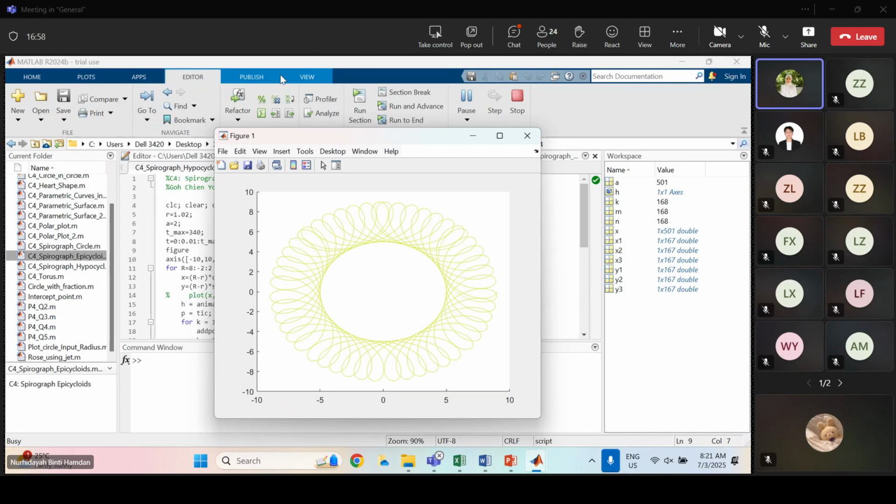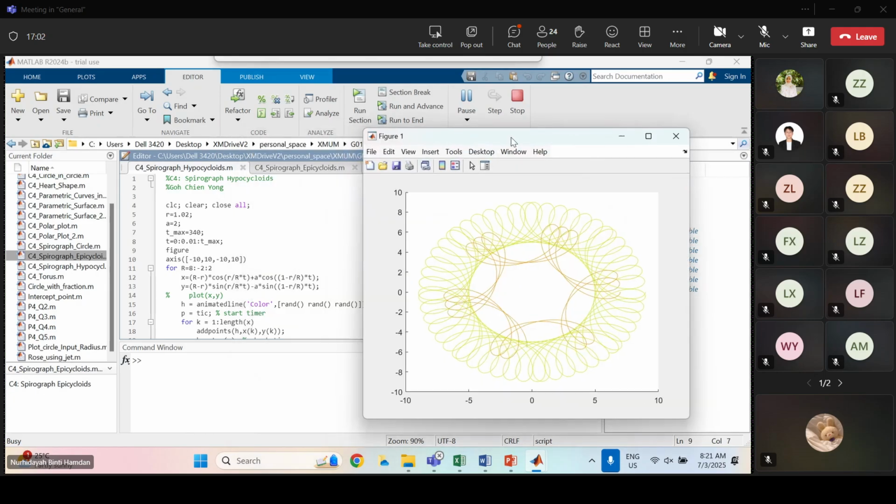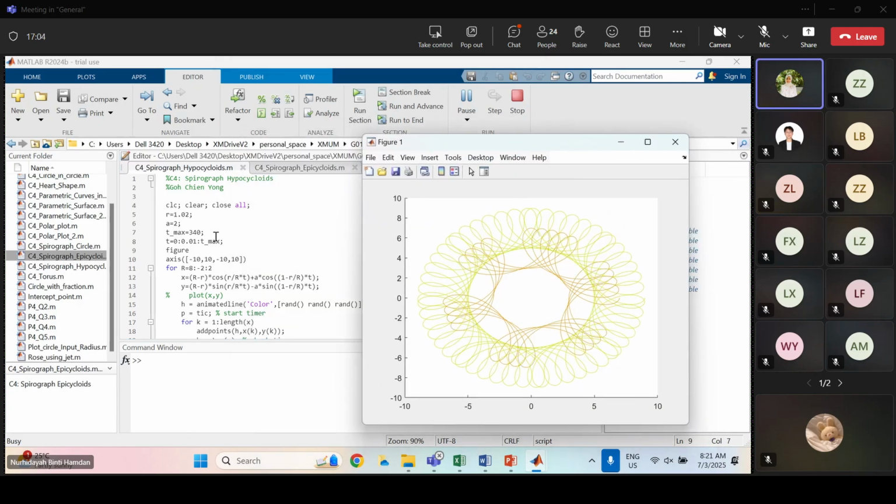Or this one, where I set the constants. It starts with the inner radius 1.02, A is equal to 2, and the maximum is 340 times. And this is the time.